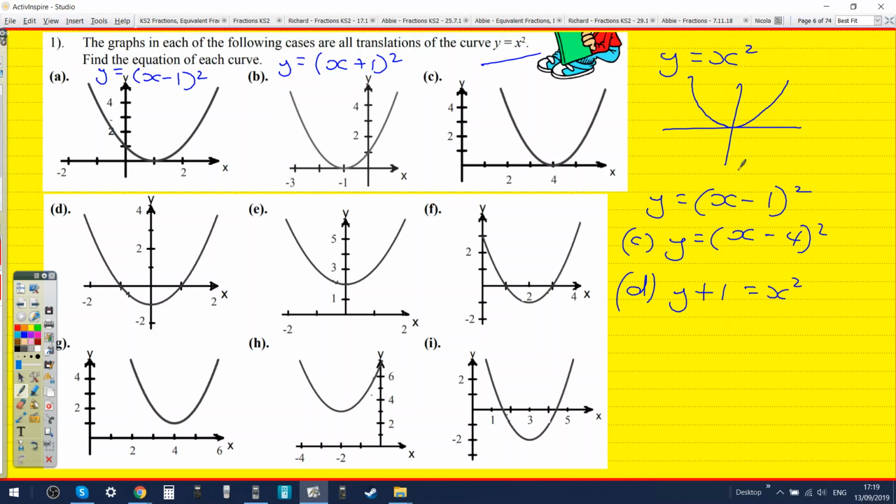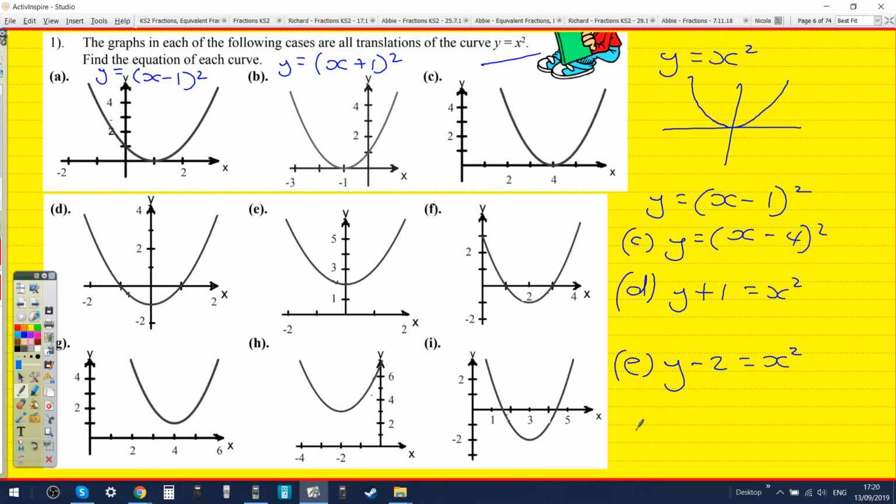So these are all transformations of y equals x squared. When it moved 1 to the left, it was x plus 1. It has moved 1 down, so it's y plus 1. How about E? Okay, so y minus 2 equals x squared. Well done. Okay, tricky one.